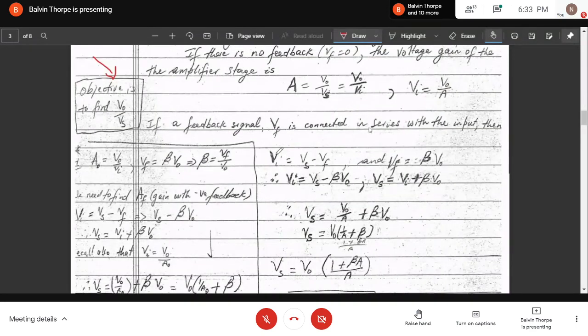We know that VS, right here, equals the feedback voltage VF plus VI.